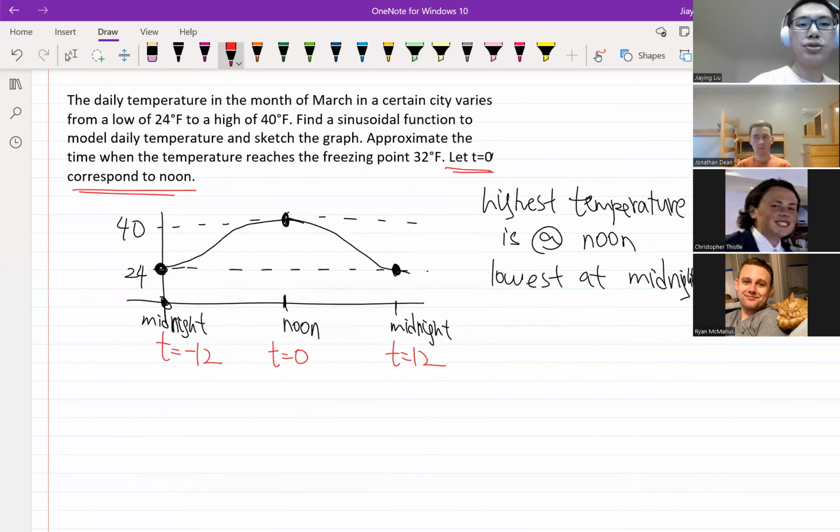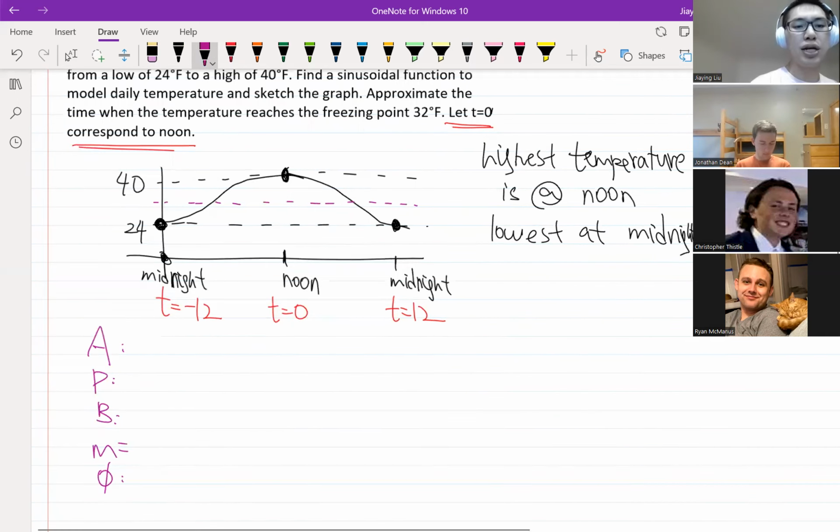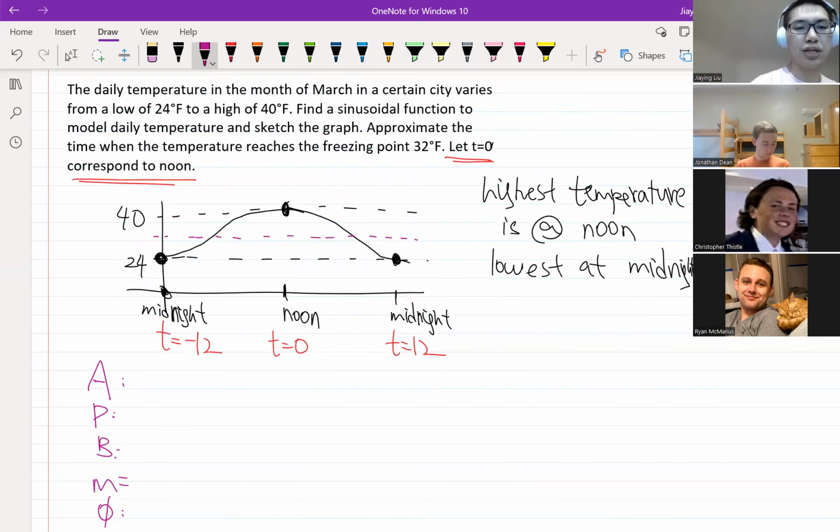So we know that the lowest is 24 and the highest is 40. That means the midline is going to be the average of those two numbers. So we need amplitude, period, B value, midline, phase shift. Midline is going to be the average between 40 and 24 because it's a point in the middle.